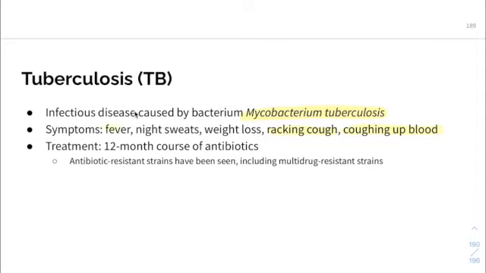Non-respiratory related, they get fevers, night sweats, weight loss. It usually takes 12 months of antibiotics to get rid of. We're starting to see more antibiotic resistant strains. But tuberculosis does affect the respiratory system. You start coughing up blood, well, it's coming from somewhere in that respiratory tract.